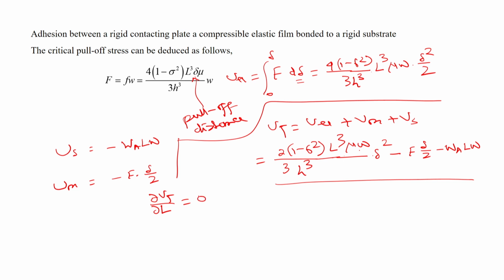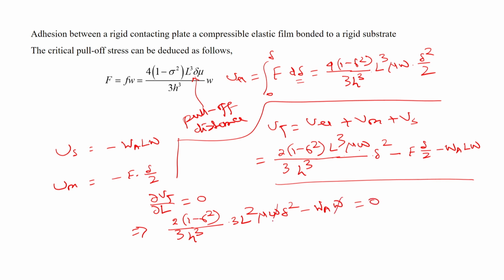The minimum of the energy with respect to L needs to be found out, and that leads to 2 by 3, 1 minus sigma square, h cube, L cube, so 3 L square, mu W delta square, minus W_A times the small w, which is basically the width, equal to 0.